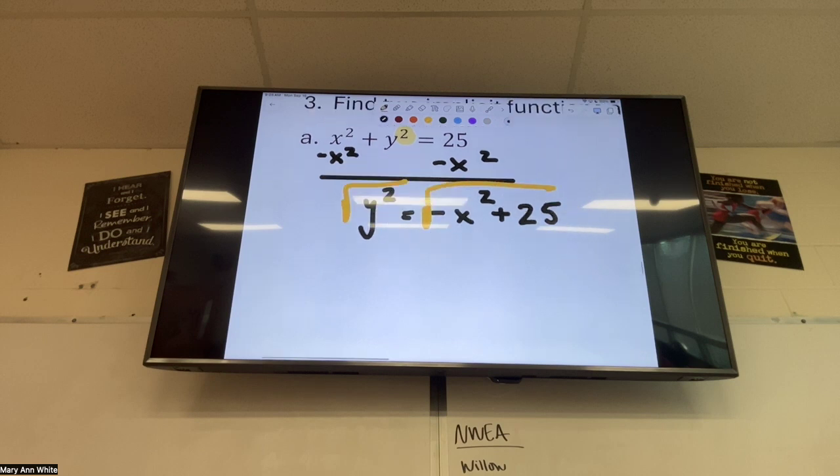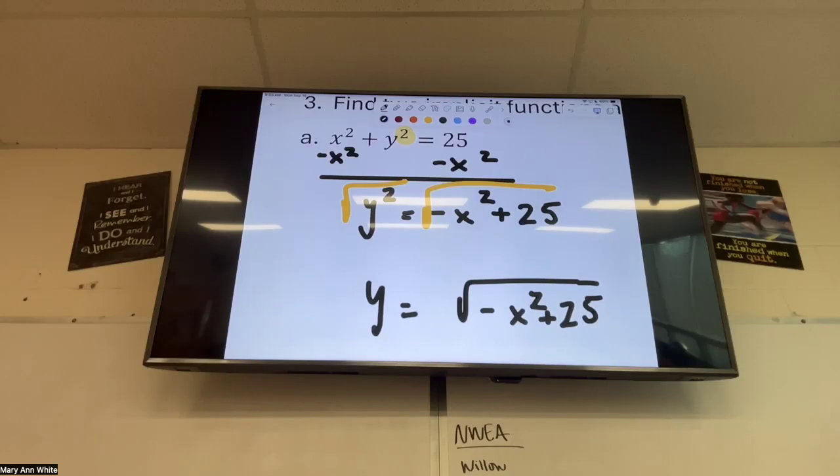As tempted as you might be to simplify this, you cannot simplify x squared plus 25 because there's a plus on the inside. They're not being multiplied together. So it's not like 5x. That plus sign in there means that we can't actually simplify anything. Now, because I did a square root on both sides, what do I need to put in front of that?